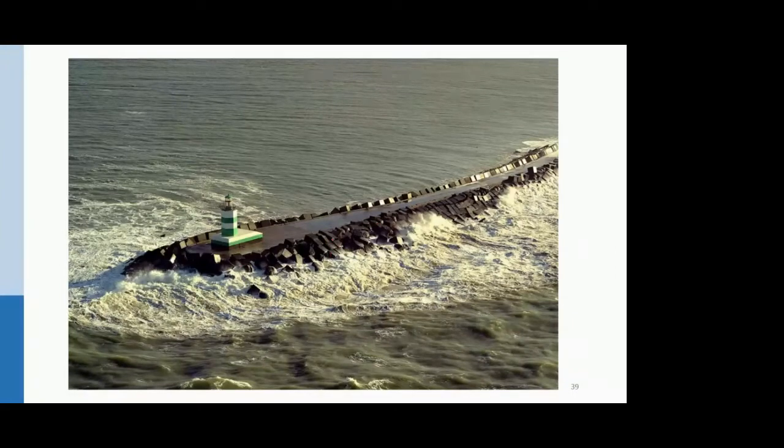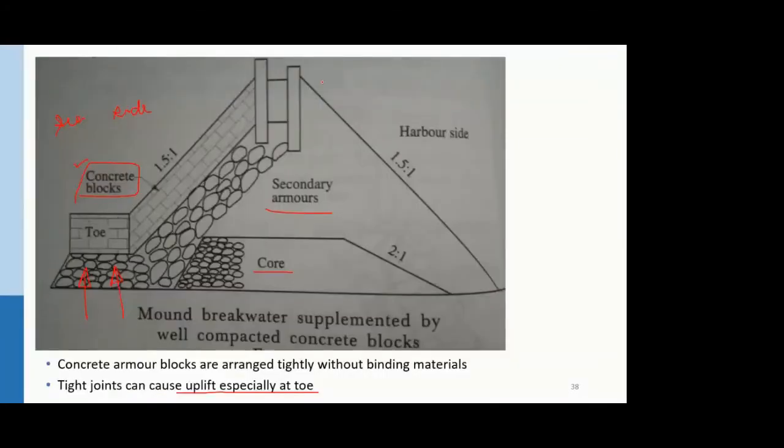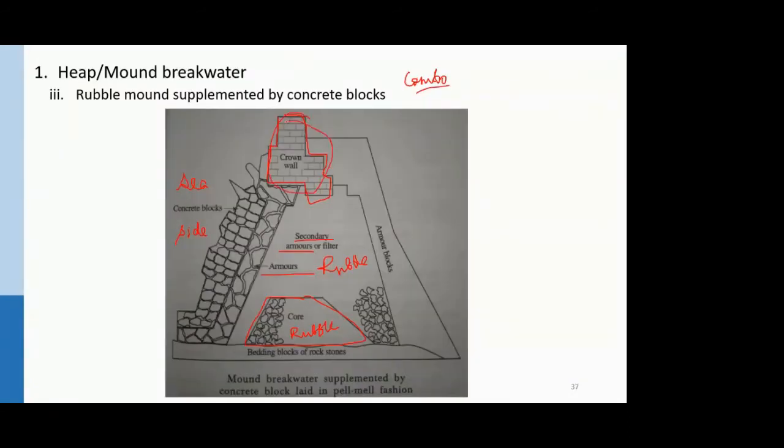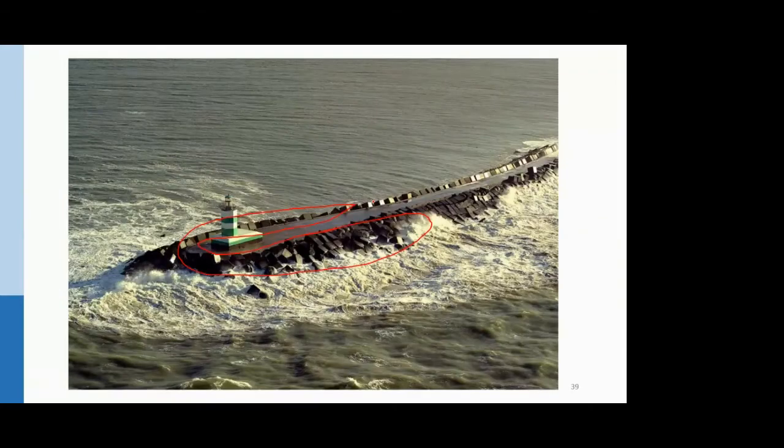Inside you have rubble, but on the top, the surface you see over here is all concrete blocks. And as I told you, this area is the crown, either a wall or a flat surface, so that you can access it. You can use it for pedestrian movement or for vehicular movement also. So this is a typical photograph of such a type of breakwater.